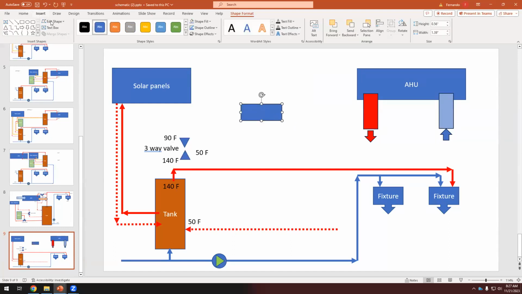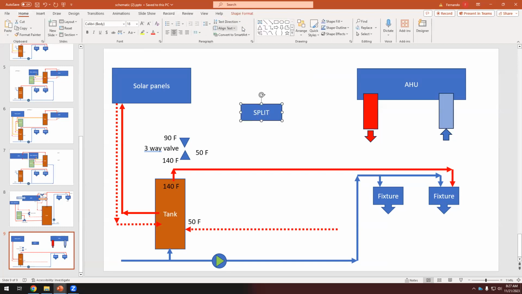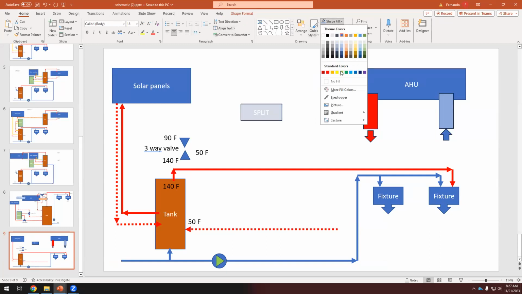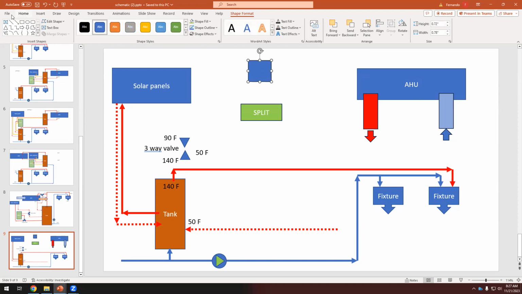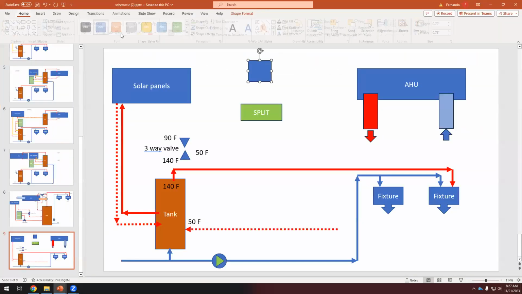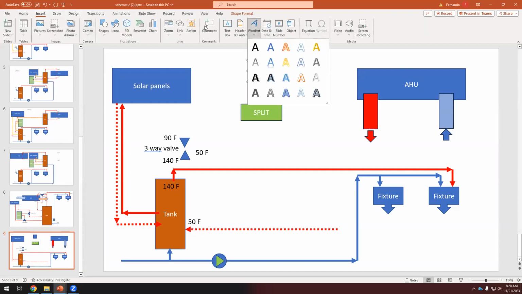So I'm going to open this one. That's the split unit. Insert text box. Split indoor unit. If you remember in that schematic view, I think I painted this as a green object. Okay. And now we have a heat pump here. There's a heat pump on the roof.